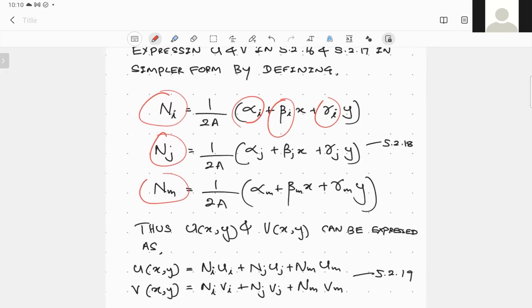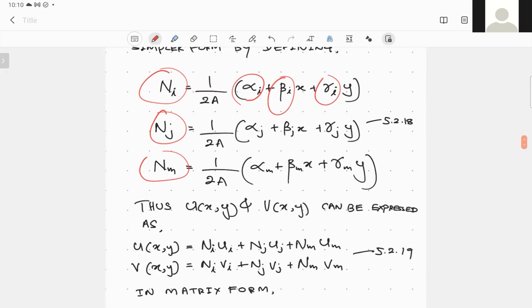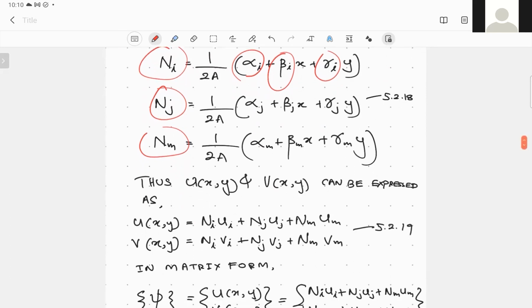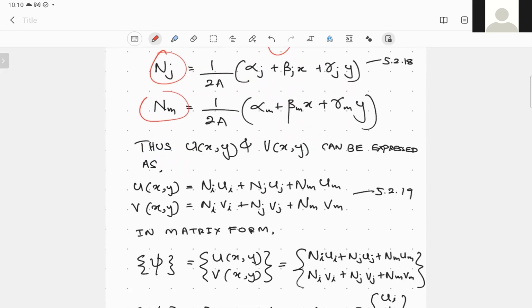Where are we now? I think you get the whole intention. Since the expressions are getting longer and longer, we try to use simple forms and introduce shape functions. When we define interpolation or shape functions, they have certain properties, which we already discussed in the previous sessions.